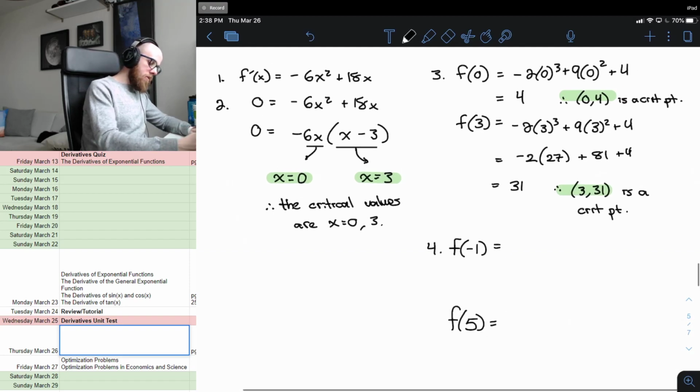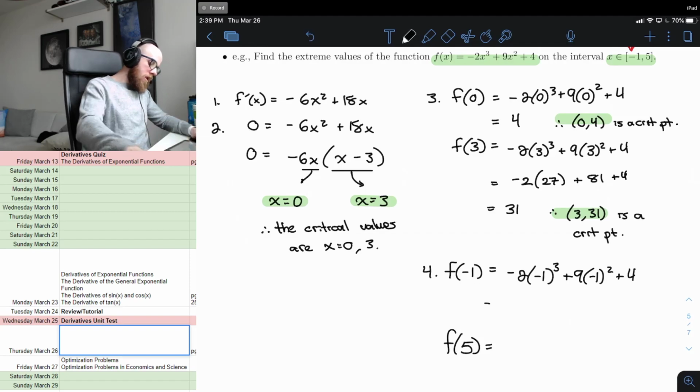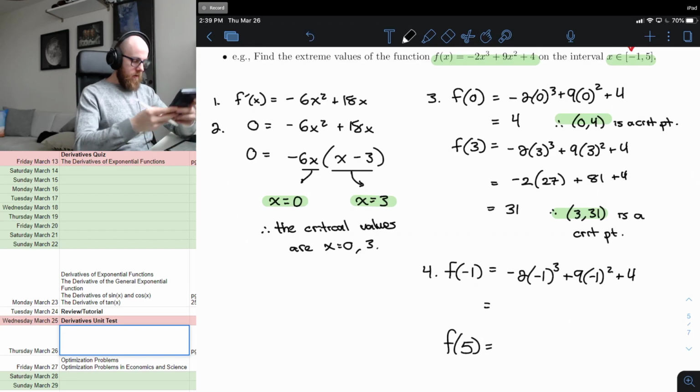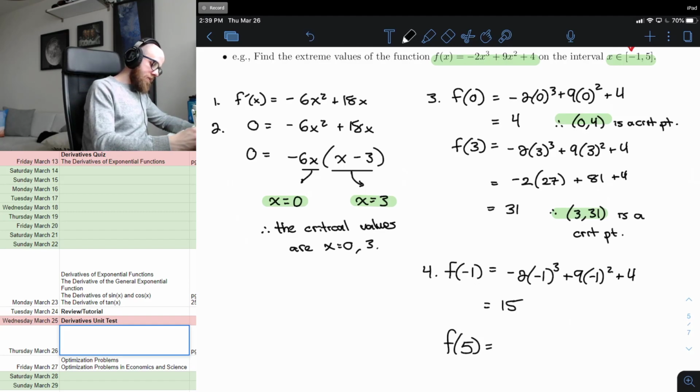Okay, same idea, I'm just going to plug in. So -2 times -1 cubed plus 9 times -1 squared plus 4. So I get 2 plus 9 plus 4, that gets me 15. Okay. And I'm also going to compute it at 5.